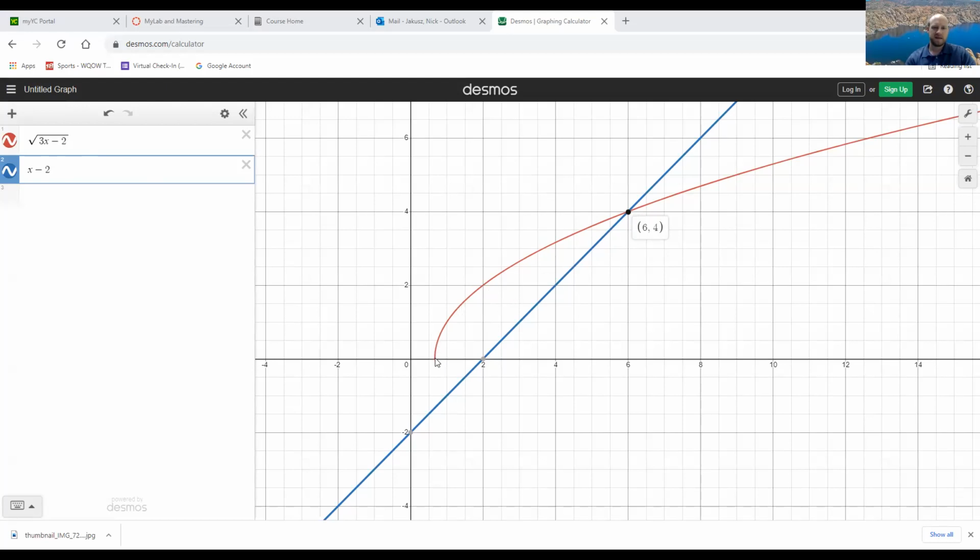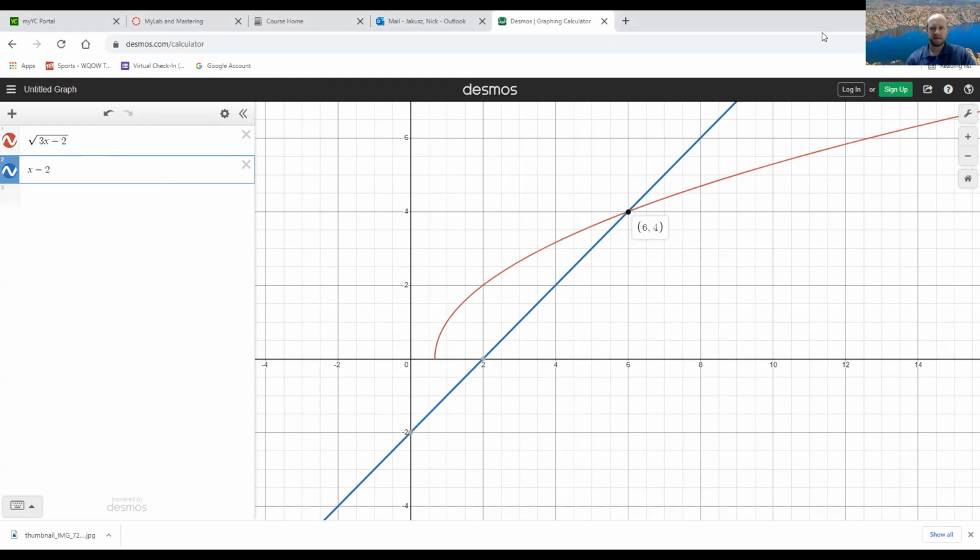But we can see here that this red line would have kept going down if it was a full parabola. It probably would have done something like this, right? But it doesn't, because the range is only 0 to infinity here, because we can't have a negative square root. So this could not have gone down here and crossed at the point 1, -1. So 1 is an extraneous solution.